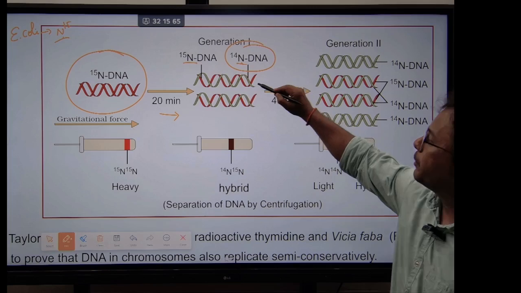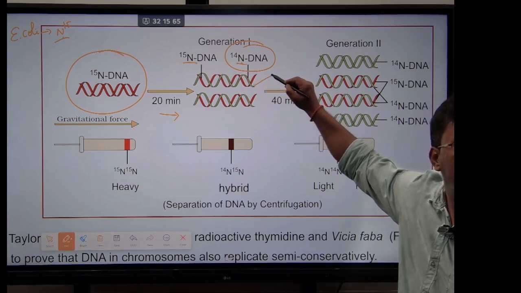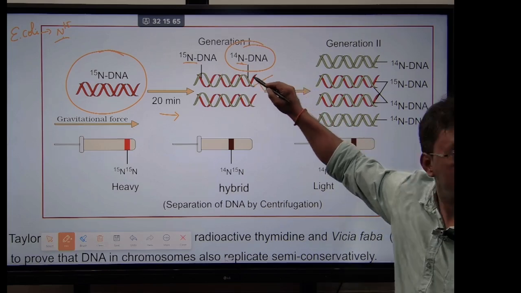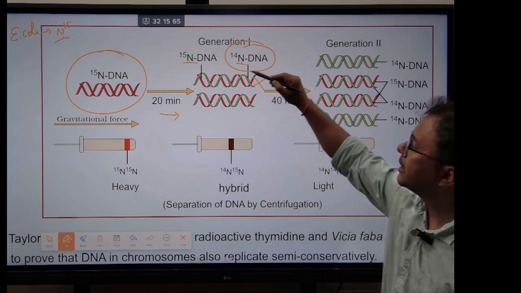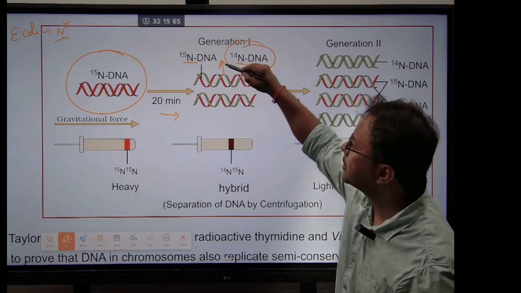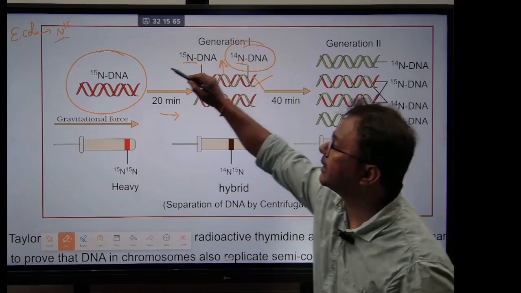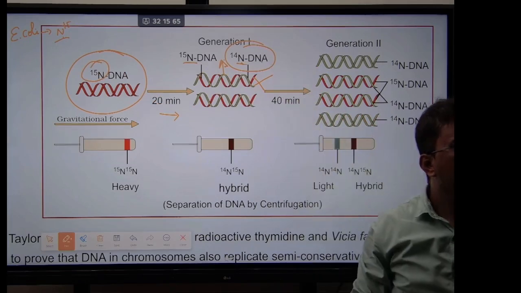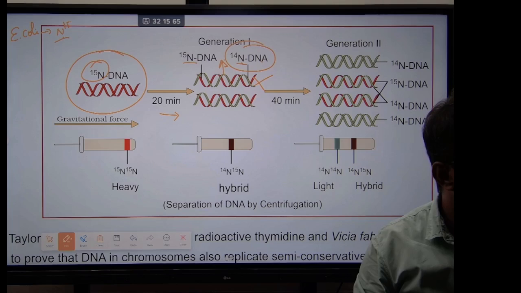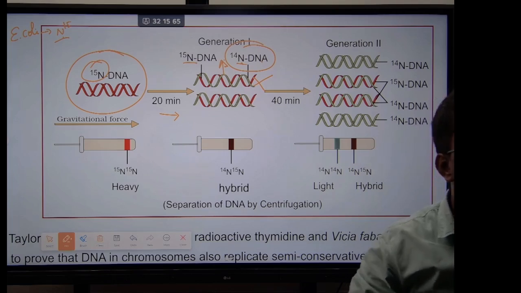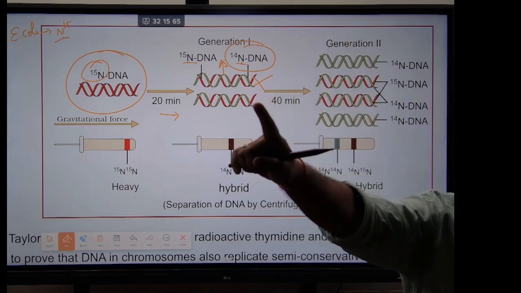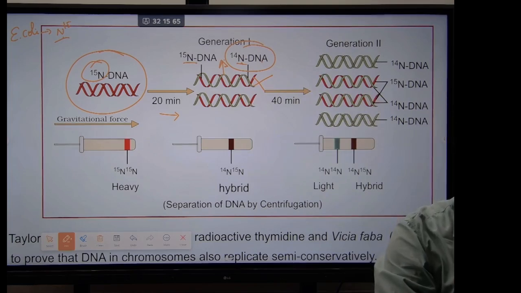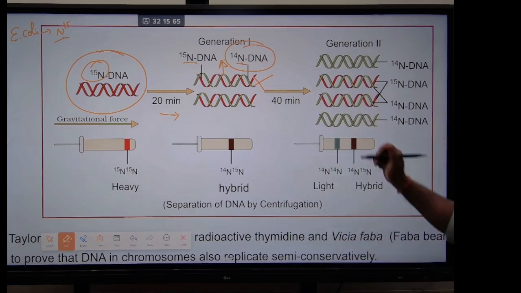The parental strand is N15 and the daughter strand is N14, which means the new DNA molecule formed contains one parental strand and one daughter strand containing two different nitrogen sources.